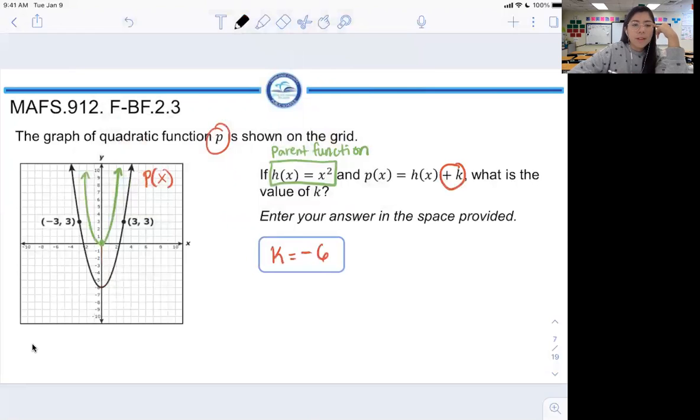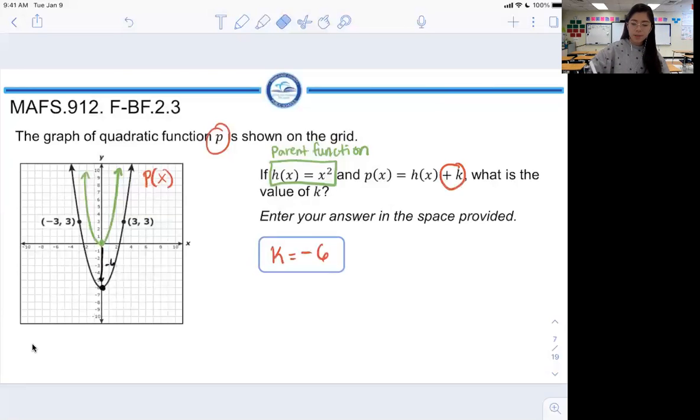Yeah, but what specifically? Where did you count from? 0 down to 6, exactly. What is that point called on these parabolas? The vertex. Good, Tyrone. Exactly, we're just comparing the vertex. So from one vertex to the other, down 6 units.